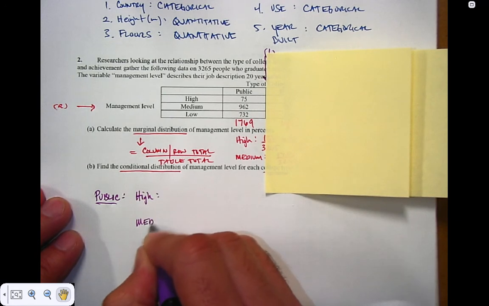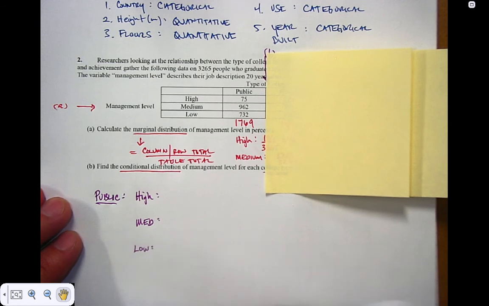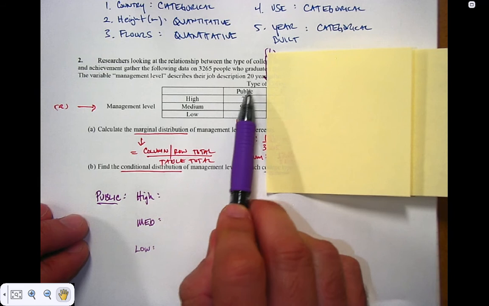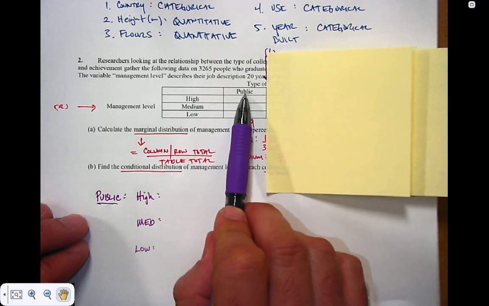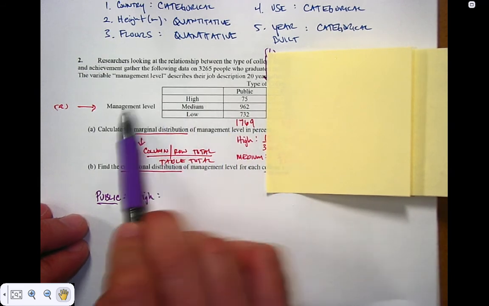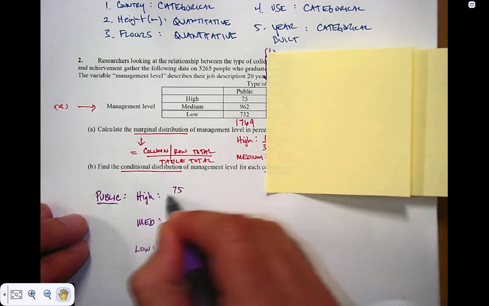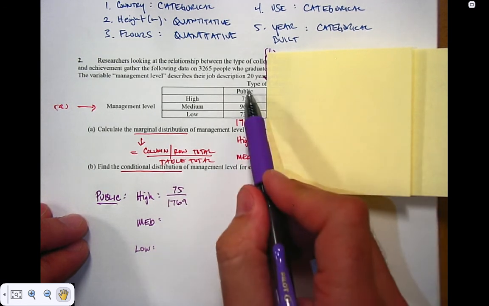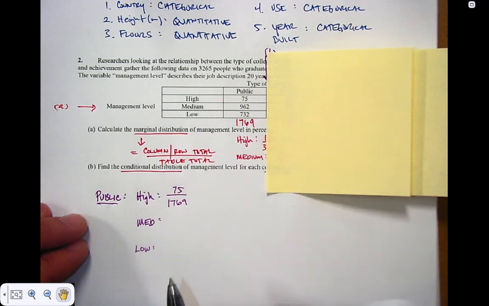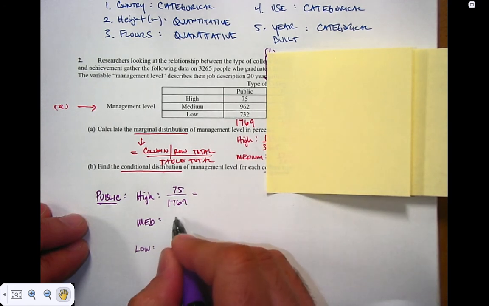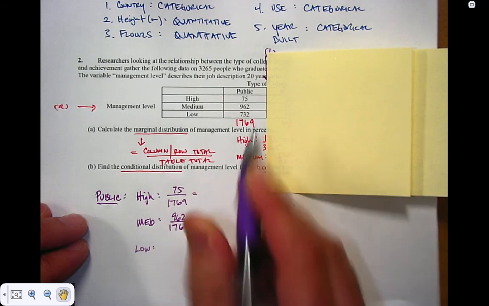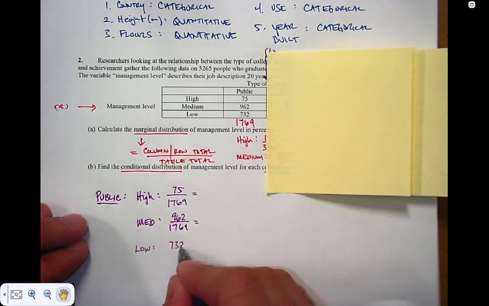The difference is your percent is calculated by how many, assuming you went to public school, how many individuals have a high management level? 75. Out of how many people? Out of 1,769, because again, we're only focusing on public education. Okay. And then medium would be 962 out of 1,769. And low management would be 732 out of 1,769.